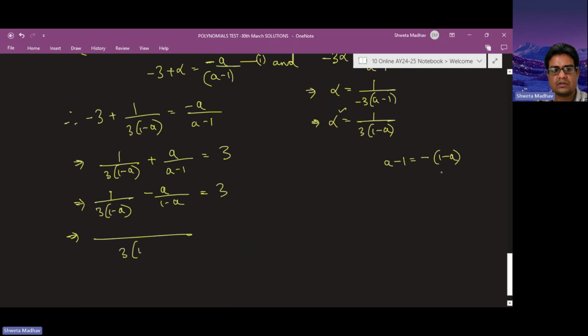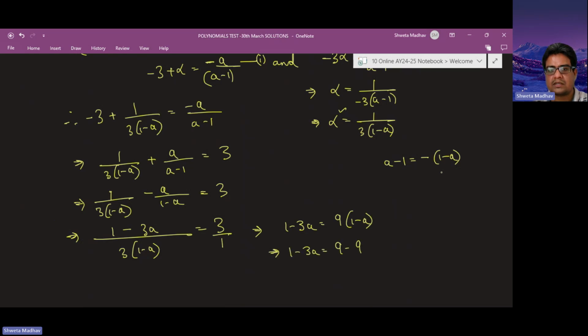The LCM of this will be 3 into (1 minus a), and the numerator will be 1 minus 3a, that is equal to 3. Now we can cross multiply. 3 is 3 by 1, so we get 1 minus 3a equal to 9 into (1 minus a), which means 1 minus 3a is equal to 9 minus 9a.